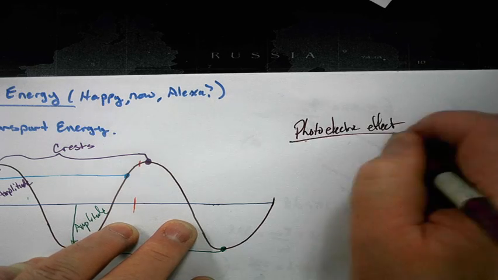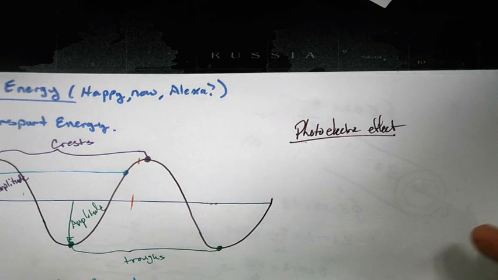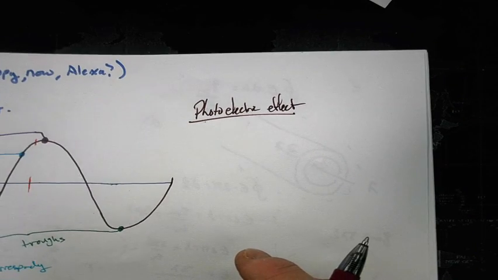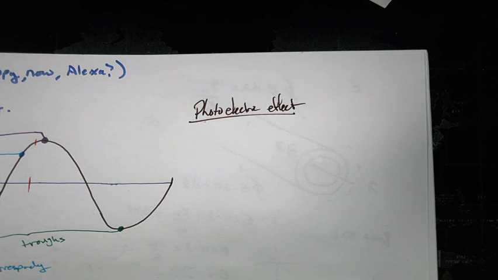He discovered that in certain metals, if you shine light on them, they will give off electricity. And not only that, they'll shoot out an electron. It's a little different. And that electron will have an amount of energy equal to, or proportional to, the frequency of light that hits it.